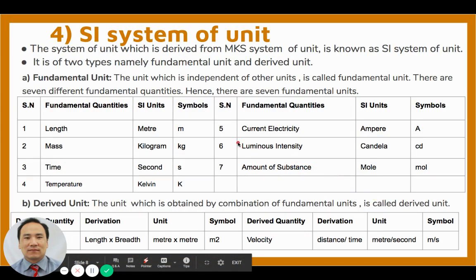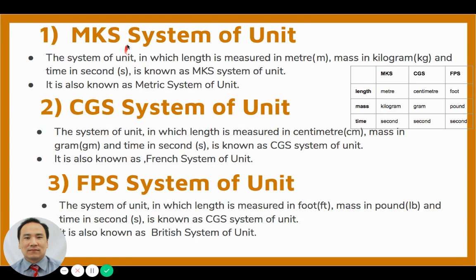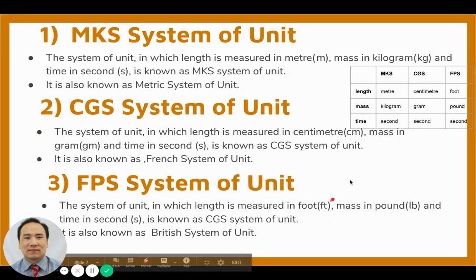Now the last system of unit is the SI system of unit, and this system is used internationally. The reason is it can measure all the physical quantities. The first 3 systems can measure just length, mass, and time, but in our surroundings there are so many other quantities.